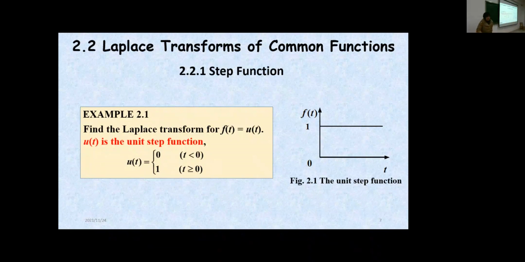Then, how to get the Laplace transform for the unit step function? Refer to the what? Definition. So how can we use the definition to solve the Laplace transform for this function?